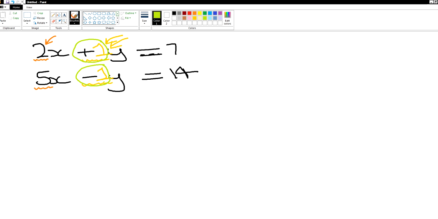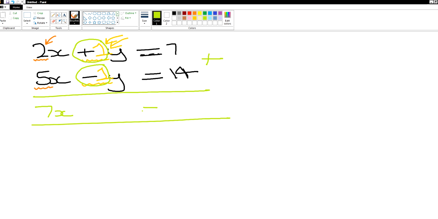They are opposite. How do we get rid of opposite coefficients? What do we do? We add them. So we have 2x plus 5x is equal to 7x.